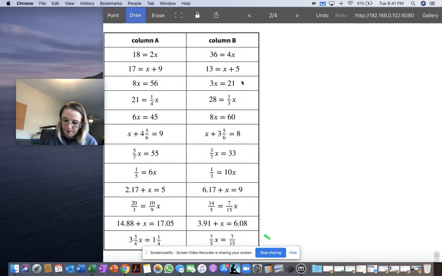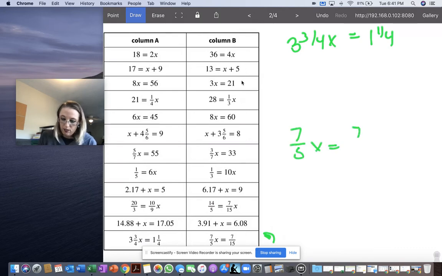Okay. Last one on the columns. So 3 3/4 x equals 1 1/4. 7/5 x equals 7/15. Okay? So now we are back to multiplication. So we're going to divide by 3 3/4 on both sides.